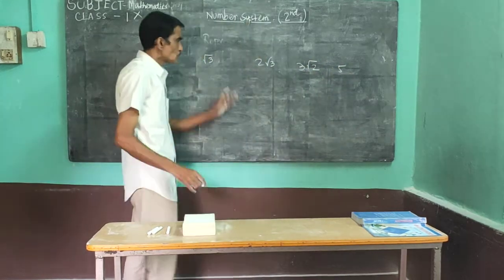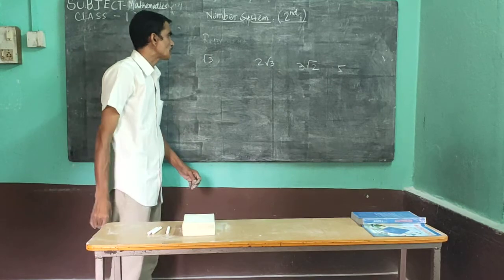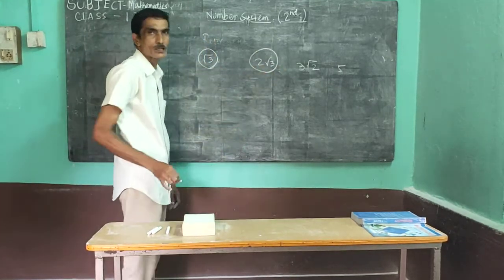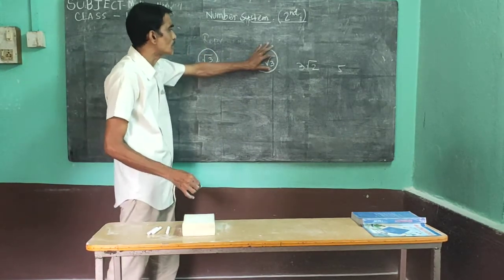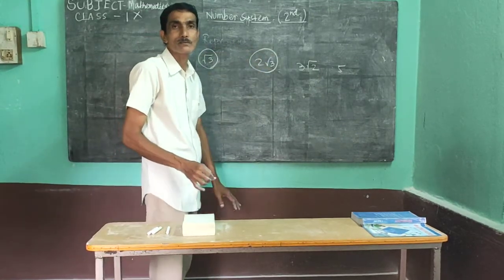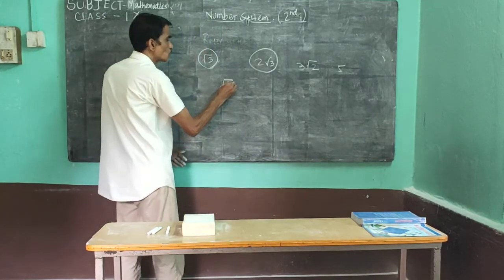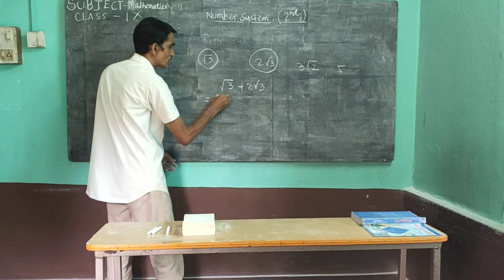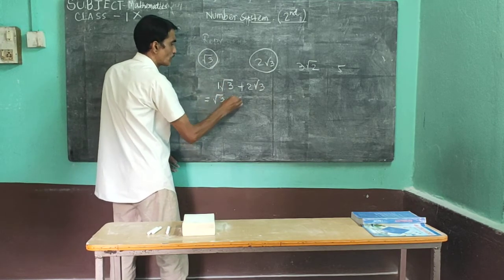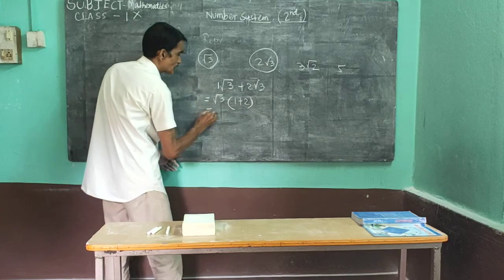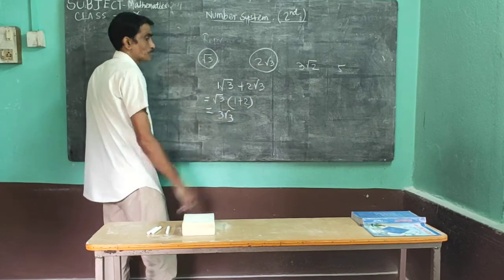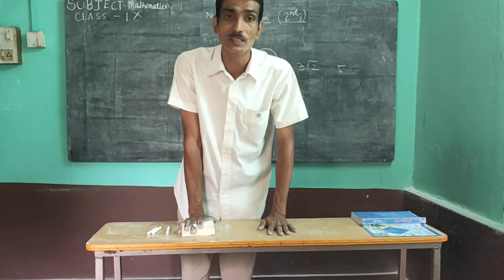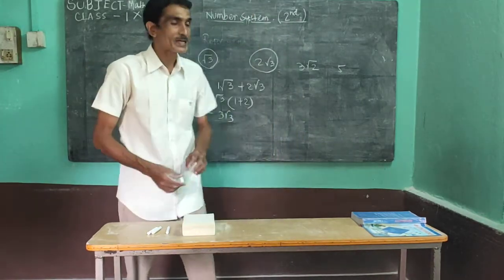Among these numbers, root 3 and 2 root 3 are like terms because their irrational parts are the same, and they can be added and subtracted. For example, root 3 plus 2 root 3: you take root 3 as common, the coefficients 1 plus 2, your answer is 3 root 3. Only those who have like terms, meaning the irrational parts are the same, can be added and subtracted.